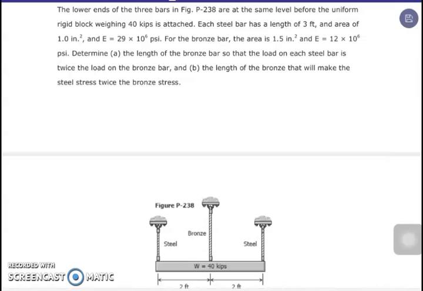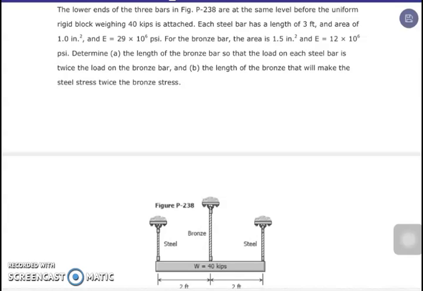For the bronze bar, the area is 1.5 inches squared and E is 12 times 10 to the 6 psi. Determine the length of the bronze bar so that the load on each steel bar is twice the load on the bronze bar, and the length of the bronze bar that will make the steel stress twice the bronze stress.